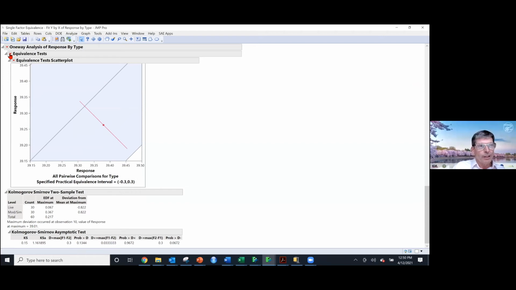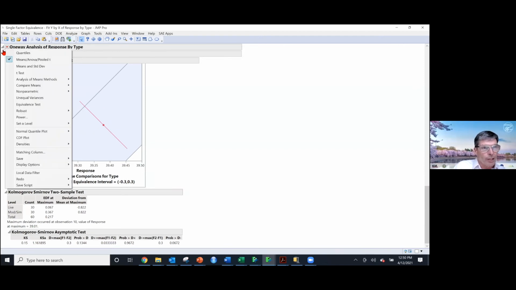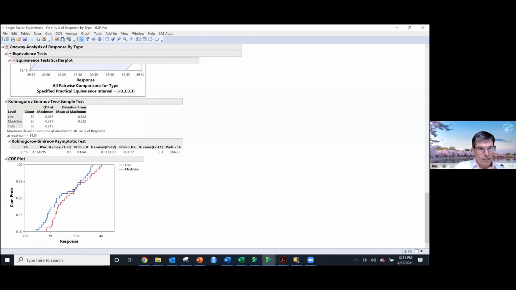And again, that whole idea is based on looking at the CDF plots, which we can do under CDF plot right here. So we can look at that. What's the max difference between these cumulative distributions, kind of thing.